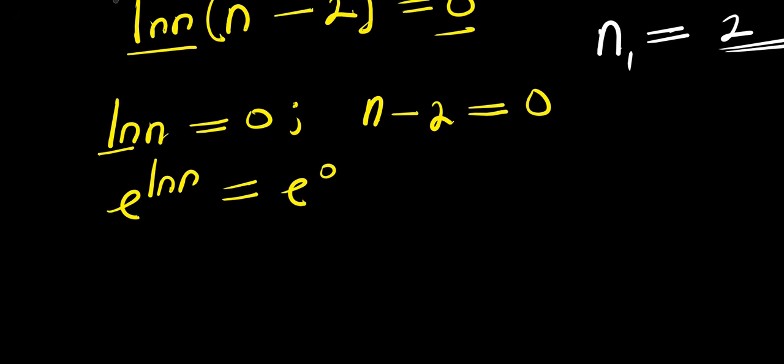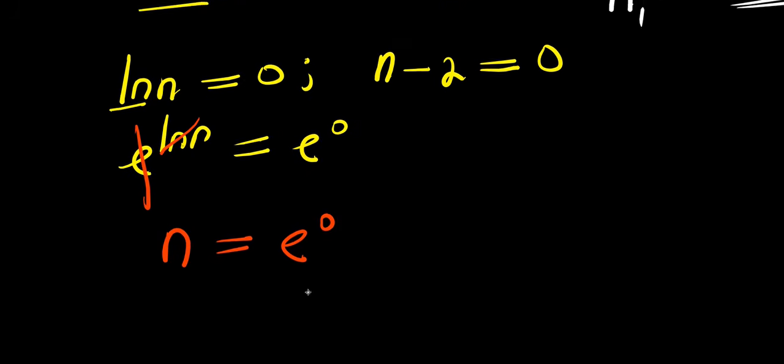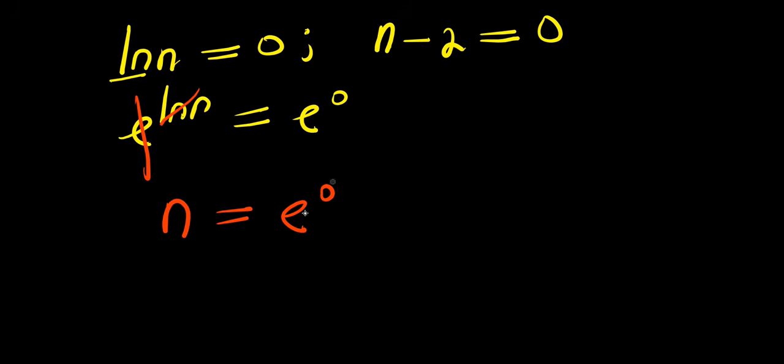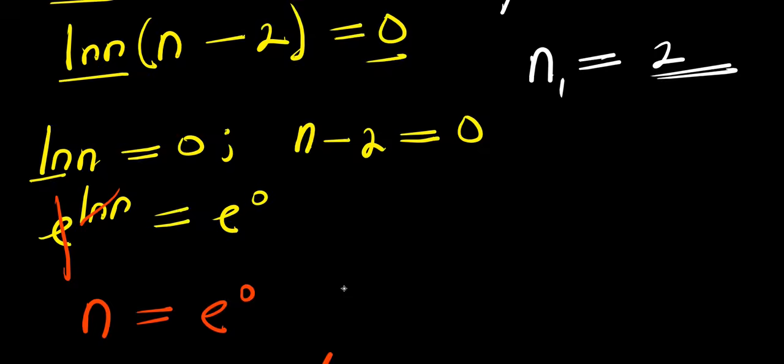So what happens here is that the e eliminates the natural log. Then I have n equals e power 0. And e raised to the power of 0 is 1. So we have n equals 1. So this is our value for n again.